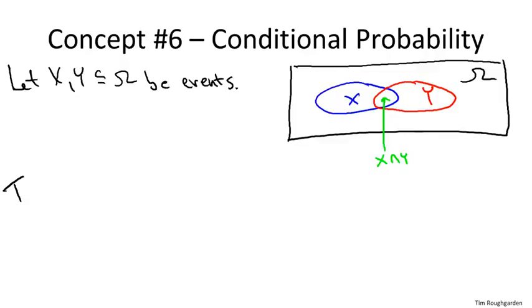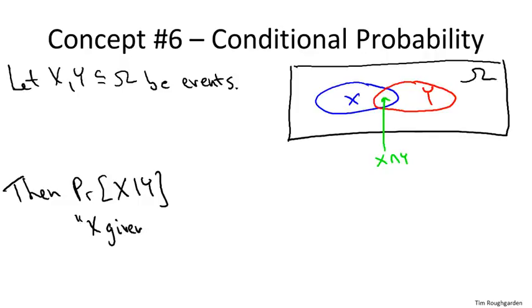So what we're looking to define is the probability of the event x given the event y. So we write probability of x bar y, phrased x given y. And the definition is, I think, pretty intuitive. So given y means we assume that something in y happened. Originally, anything in omega could have happened. We didn't know what. Now we're being told that whatever happened, it lies somewhere in y.